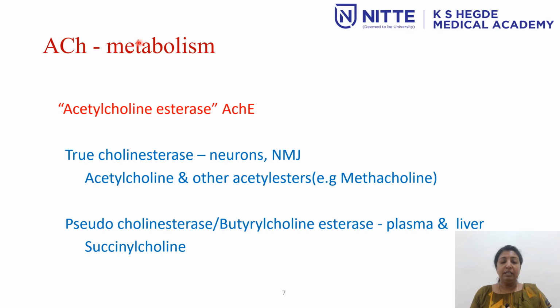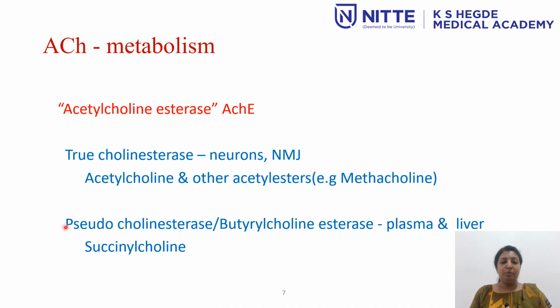Now, coming to the termination of action, acetylcholine is rapidly metabolized by the enzyme acetylcholine esterase, abbreviated AChE. Acetylcholine esterase is of two types. We have true cholinesterase, which is mainly present in the neurons and the neuromuscular junction, in the synaptic cleft, where it can degrade acetylcholine and other acetyl esters like methacholine, but not succinylcholine.